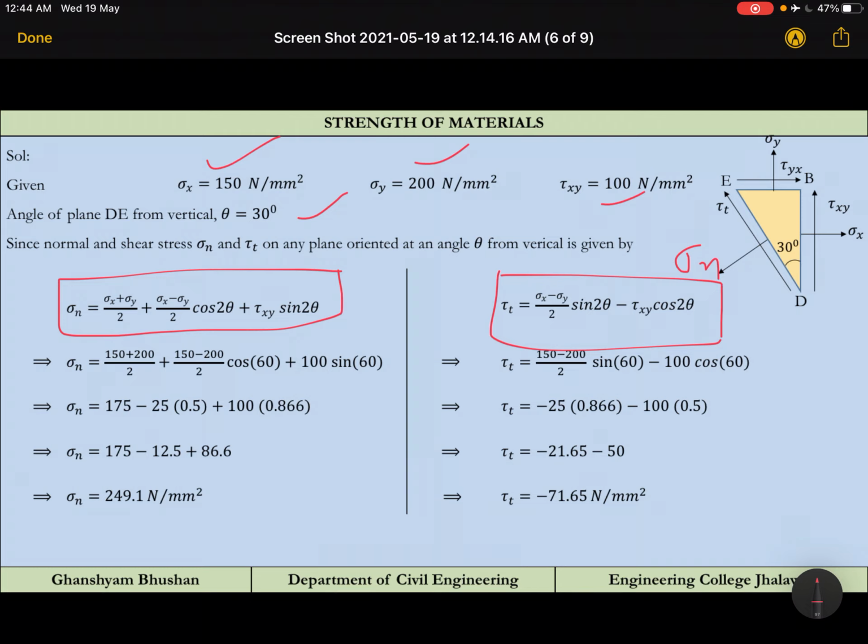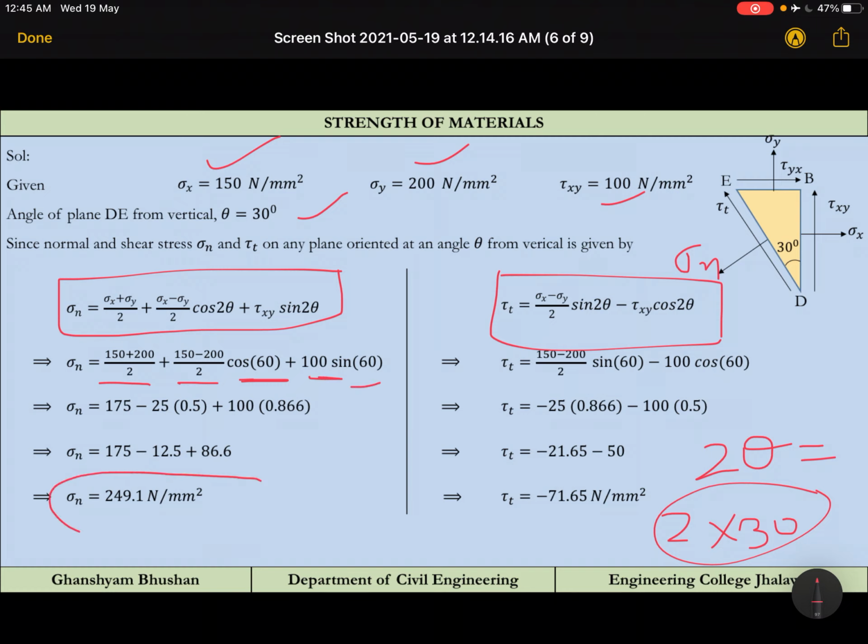So (150 plus 200) by 2, (150 minus 200) by 2 cos 60, because theta is 30, so 2 theta is 2 into 30, that is 60. So everywhere 2 theta will be replaced by 60 degrees. So this is cos 60, tau xy is 100 sin 60. Put all the values, you will get 249.1 Newton per mm square or megapascal.